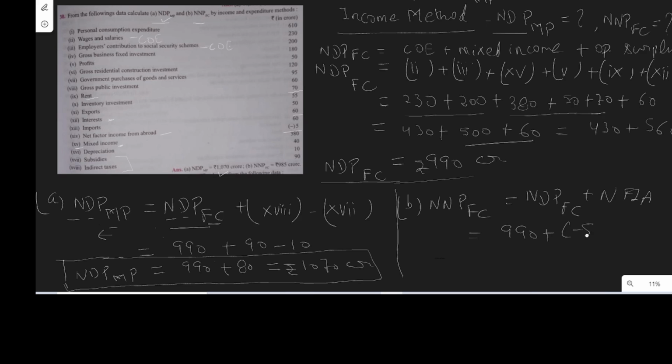So plus -5, plus minus becomes minus: 990 minus 5, that is rupees 985 crores. This is NNP at factor cost. This is our answer. Let us check it. Yes, it is the right answer.